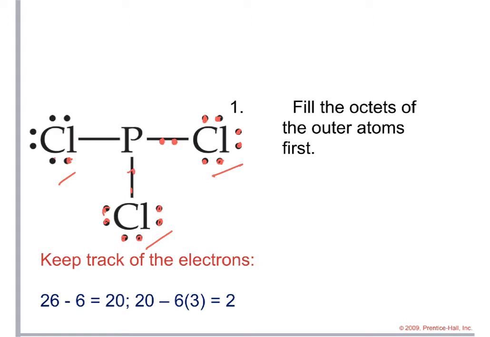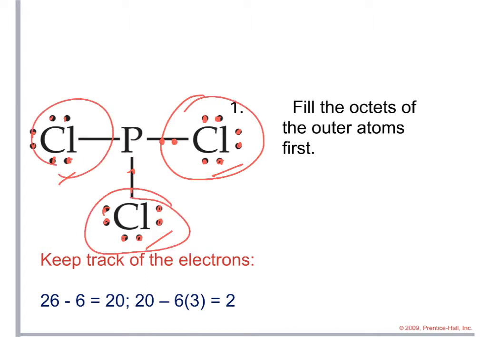When you have done that, count how many electrons you've used total again, and you'll see that since we have 3 outside atoms each with 8 electrons, so far we have placed 24 electrons.